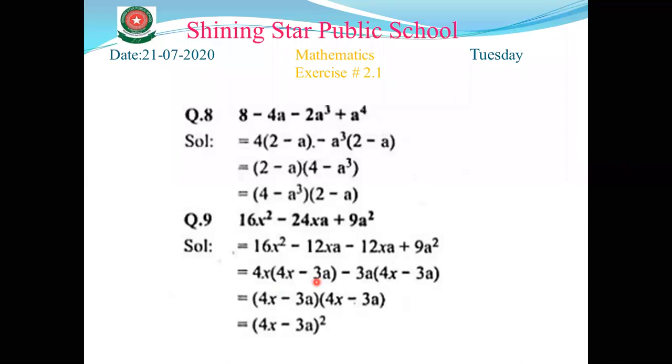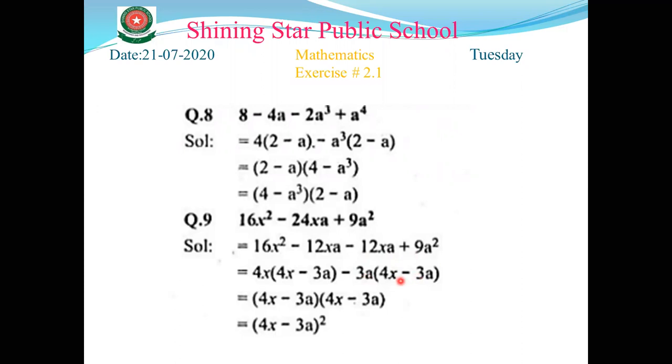Okay? 4x minus 3a minus 12xa plus 9a square. So from these two terms, we can take the common 3a because we can divide 12 and 9 with the help of 3, and with a. So 4x minus 3a.